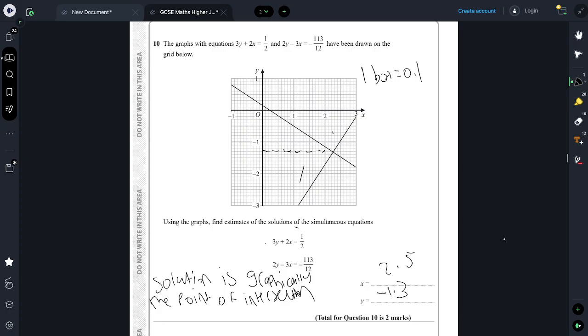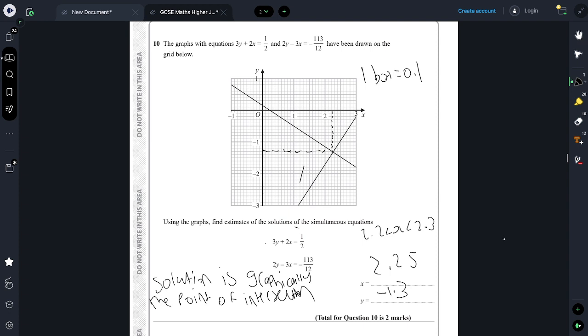I don't know why I said 2.5. It's because I said 2.5 because it was halfway between the box, that's why I got carried away. 2.1, 2.2, then it's between 2.2 and 2.3. That's why I was meant to say 2.25, which is between 2.2 and 2.3, not 2.5. I messed up a little bit there.